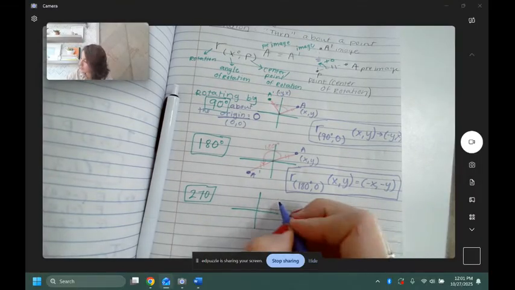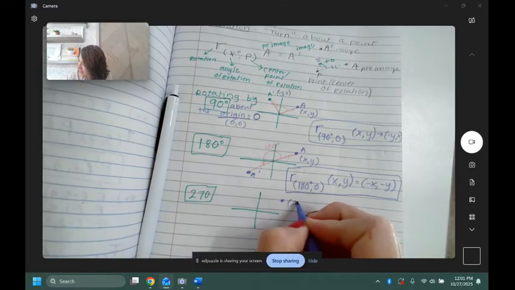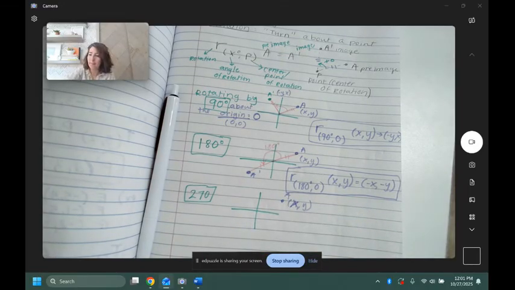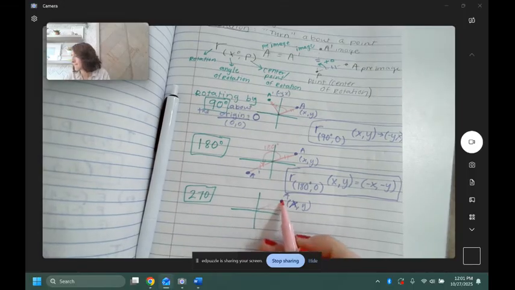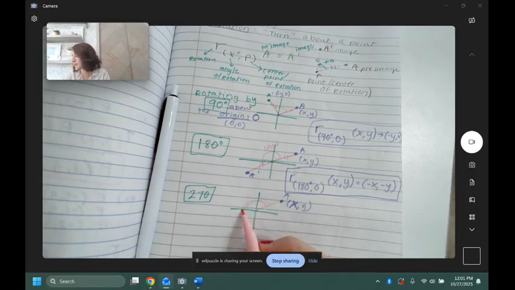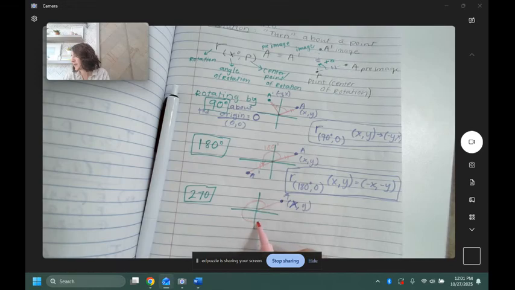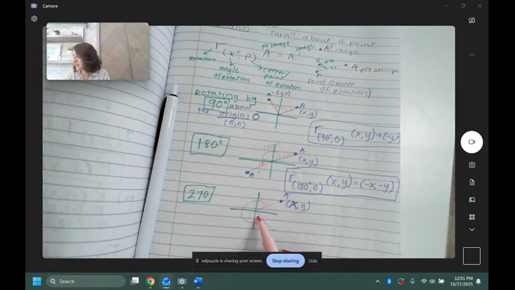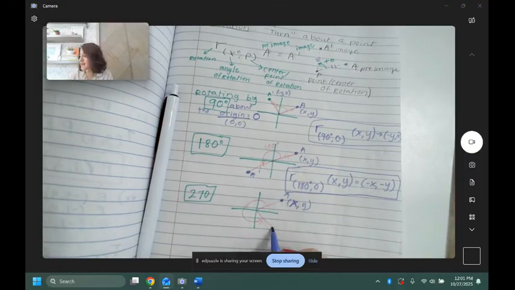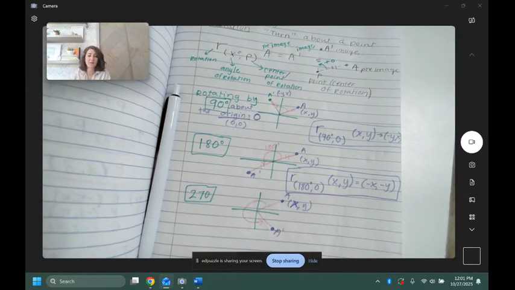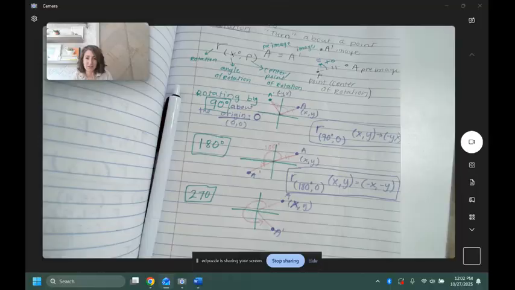I'm going to start with my same x, y at point A. And this one, 270, so I'm going to go 180 and then another 90. It's just 90 short of a full circle of 360.